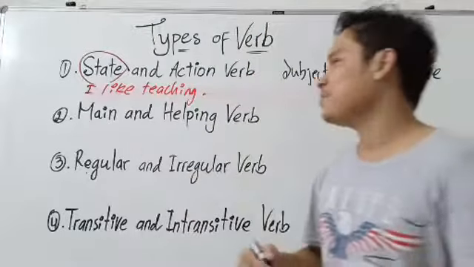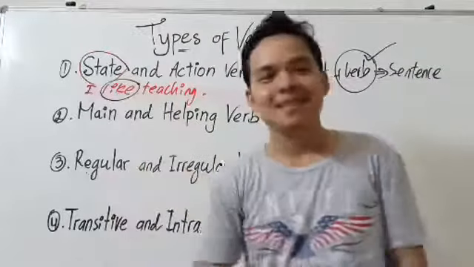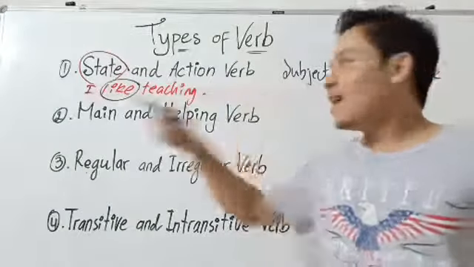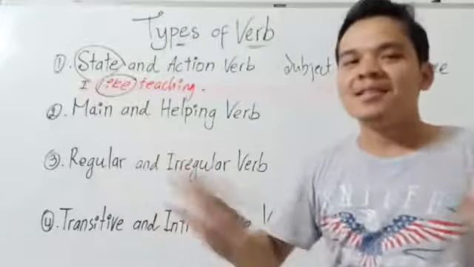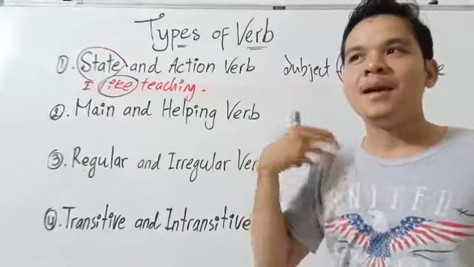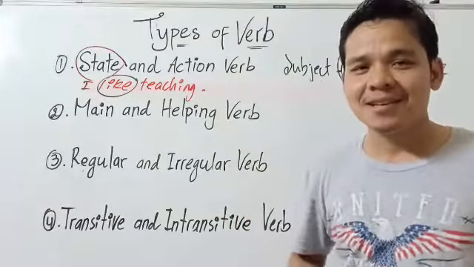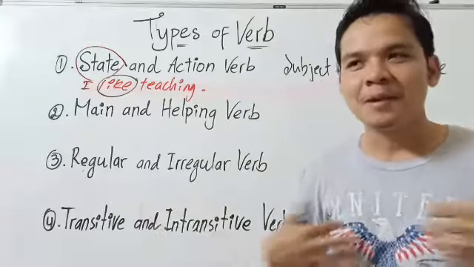So like is a state verb. You know? Like is a state verb, because this verb doesn't show the action. It's just a state verb in my emotion. I like teaching. I love everyone.